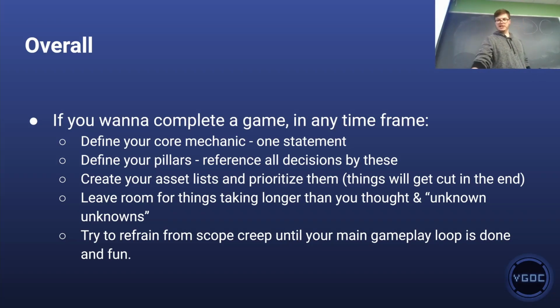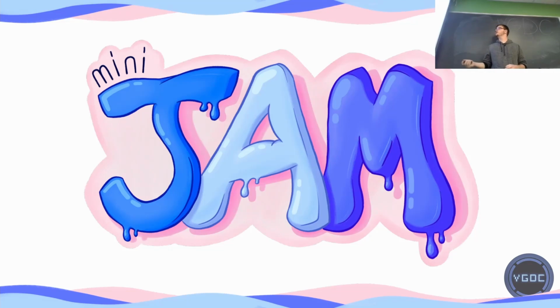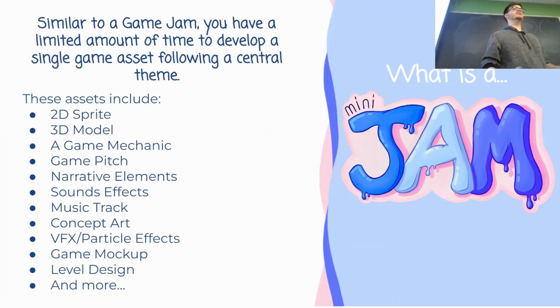So with all that said, now that we've gone over GitHub, the idea of scope and whatnot, we are going to practice this with a mini jam. So real quick, just explaining what a mini jam is. There are these things we do every so often.